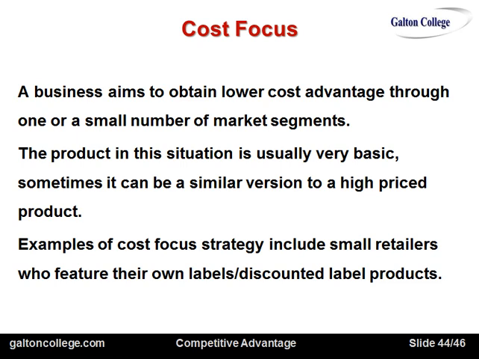And this will give it a cost focus. The idea is that that retailer sells good products, their own products, but it sells them cheap. This happens in retailing in many quarters, in food, in confectionery, and so on.